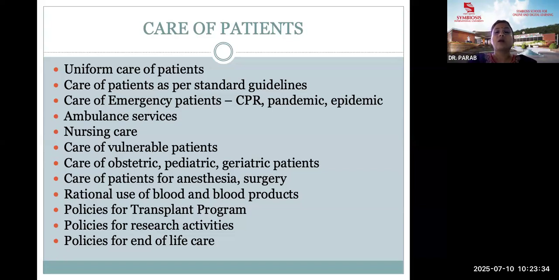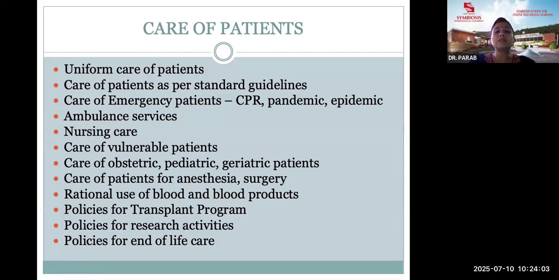Okay. Care of patients in a few specific settings. So, for example, in a pandemic, in an epidemic, care of patients who require cardiopulmonary resuscitation, all these different cares, different settings require emergency patient care, right?